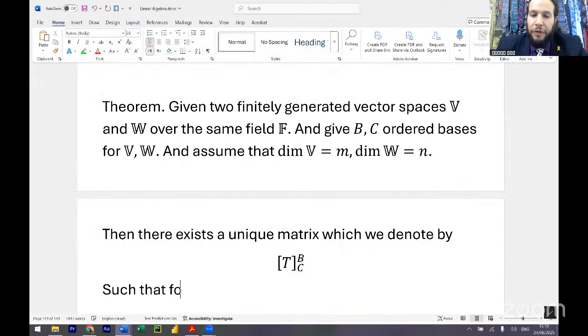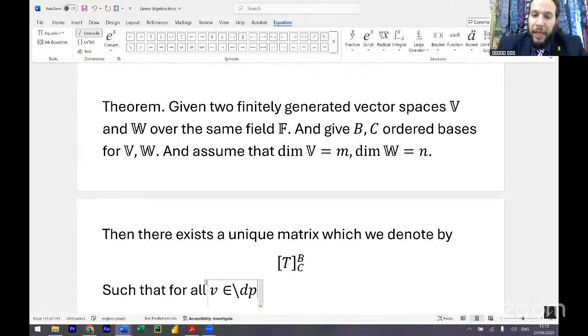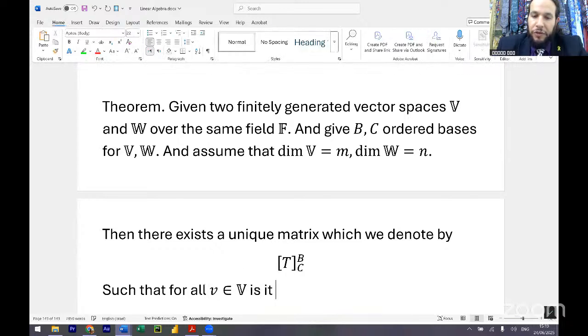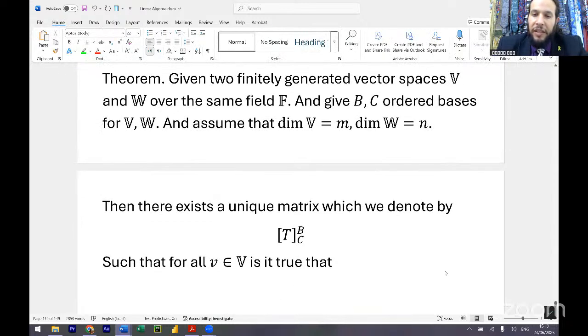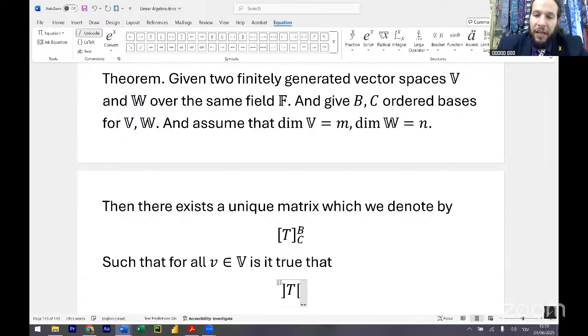such that for all vectors in the domain, it is true that when you multiply by the representing matrix the coordinates of a general vector, what do you get?